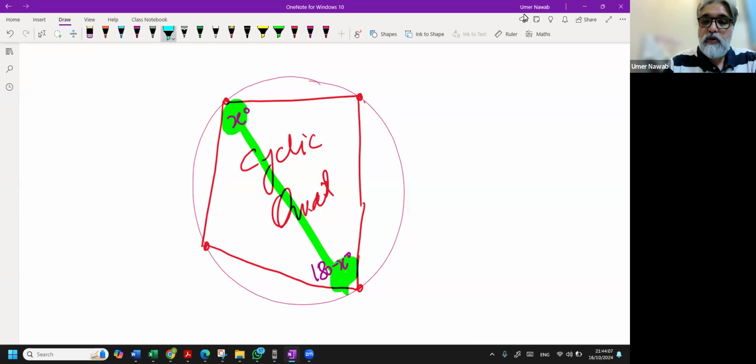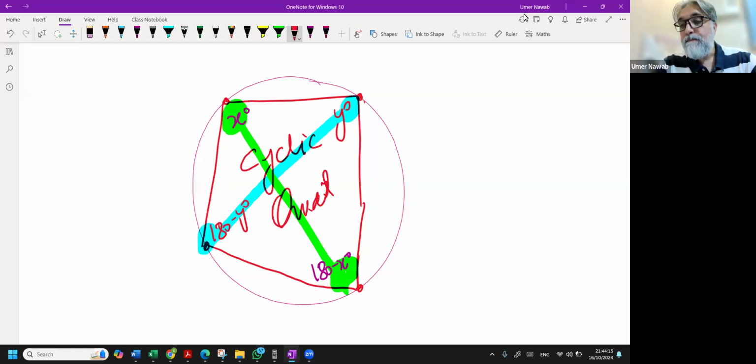The opposite to this angle is this. If this is y, then this opposite angle will be 180 minus y. In other words, the geometric property called supplementary angles: if the sum of two angles equals 180, we call them supplementary angles. So opposite angles in a cyclic quadrilateral are supplementary.